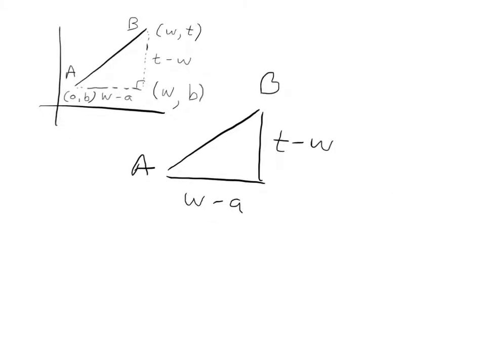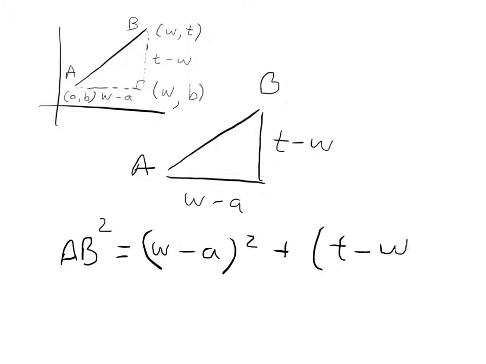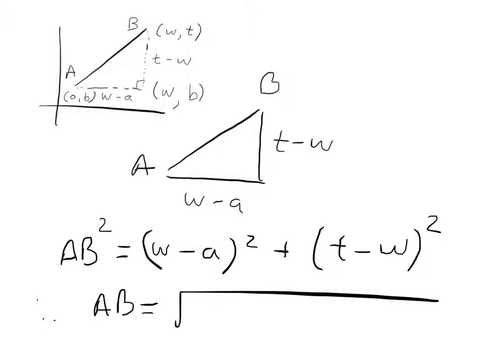So we say that AB squared equals W minus A squared plus T minus W squared. And therefore, AB is going to be the square root of W minus A squared plus T minus W squared.